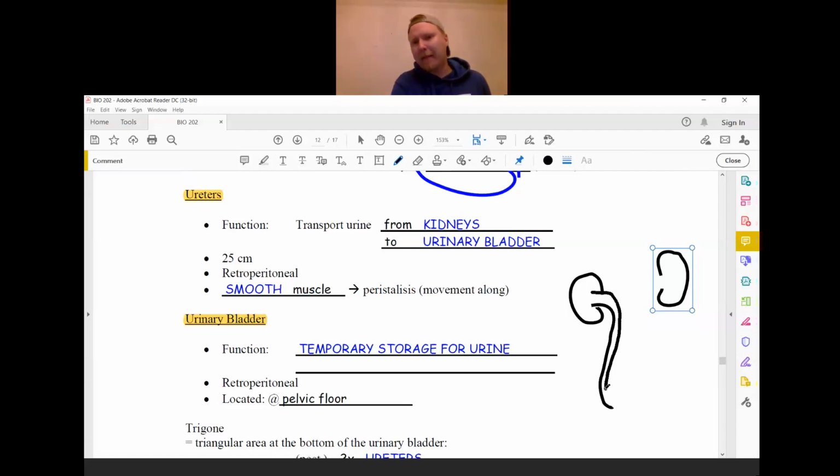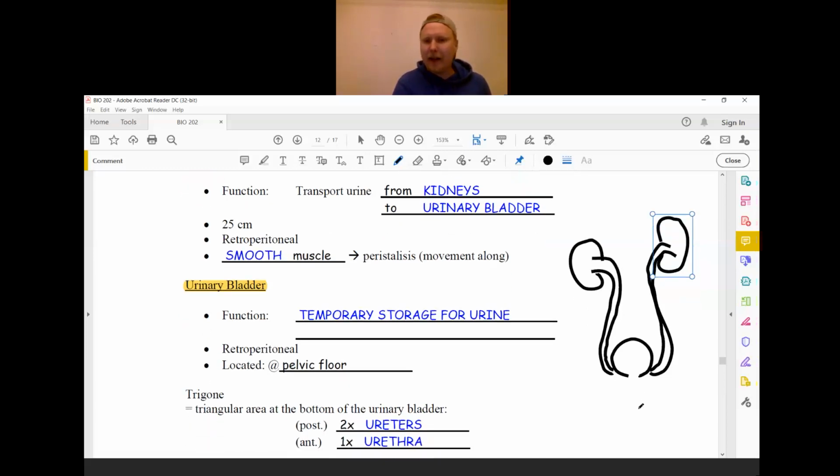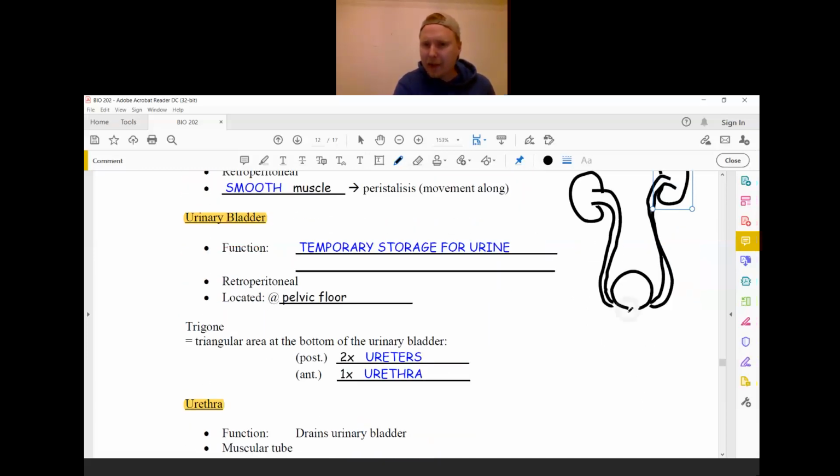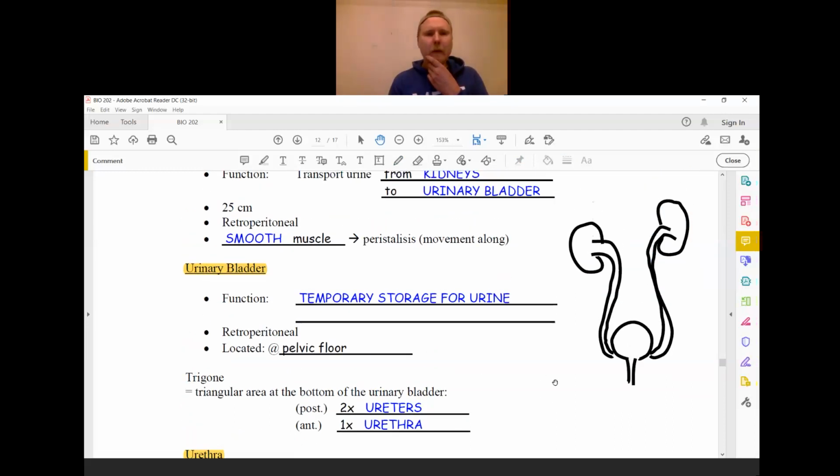Remember, they wrapped up and around the urinary bladder, entering there on the base of the urinary bladder, actually. And then we have our urethra draining the urinary bladder.